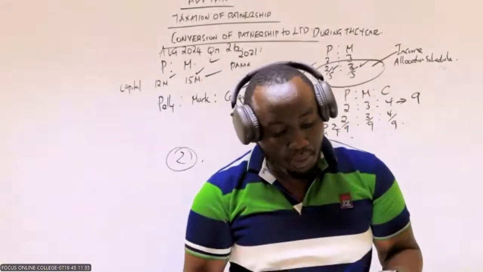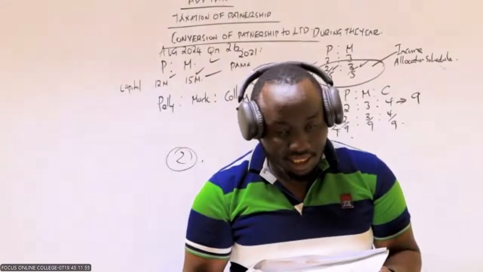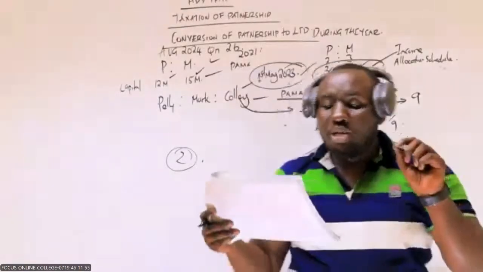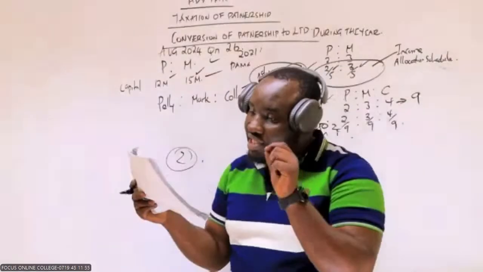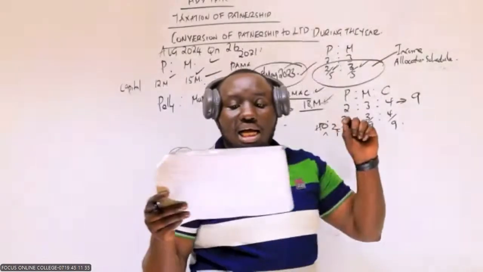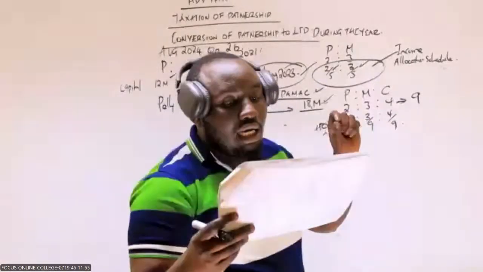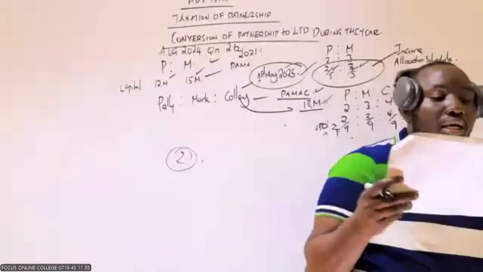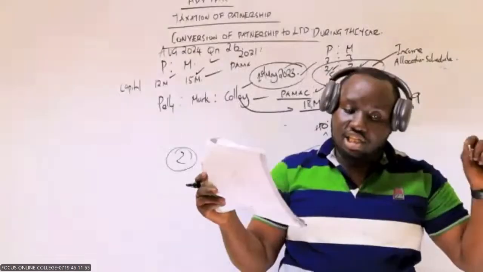Number one, we have repairs, monthly expenses. So during the year ended 31st December, partners banked all the cash collection after deducting the following monthly expenses.